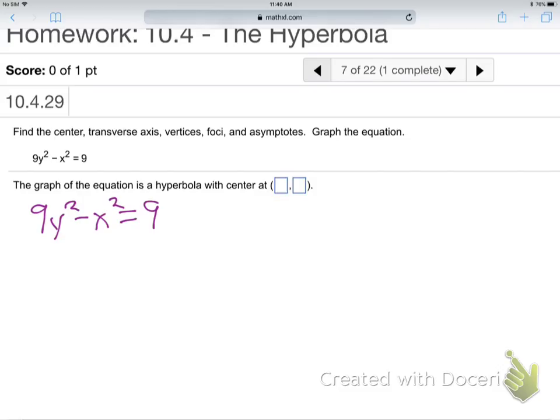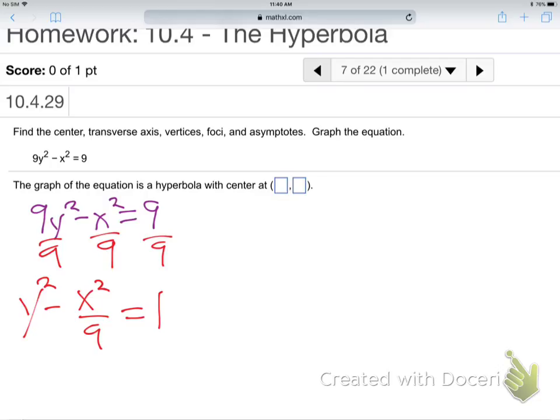For the ellipse, last section, and this section, the right side has to be 1. For the parabola, it had to be 4 times the stuff, right? But here we divide through by 9. We get y squared minus x squared over 9 equals 1. So now it has the look we need. You always have to get a 1 on the right side for both ellipses and hyperbolas.